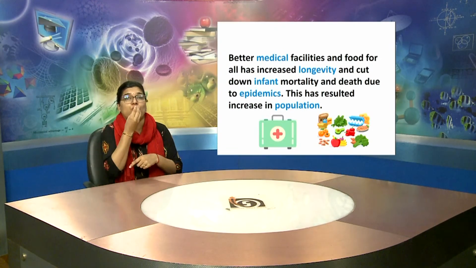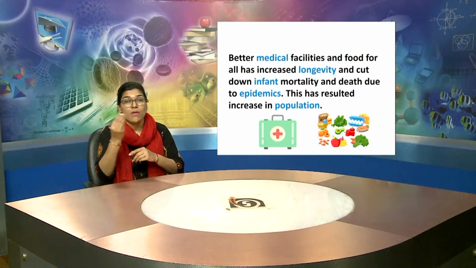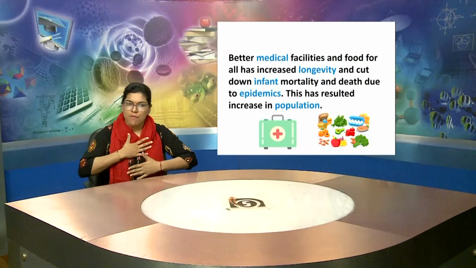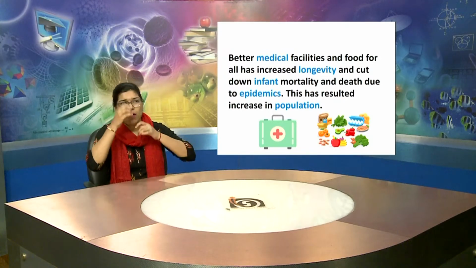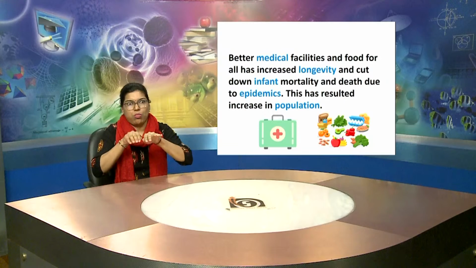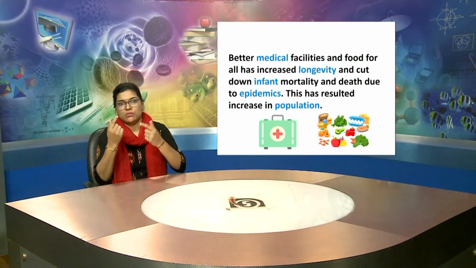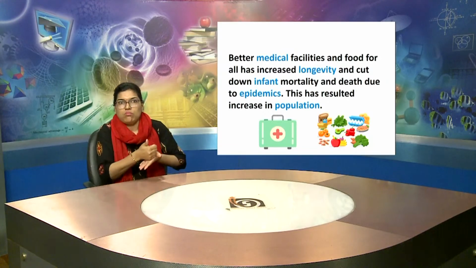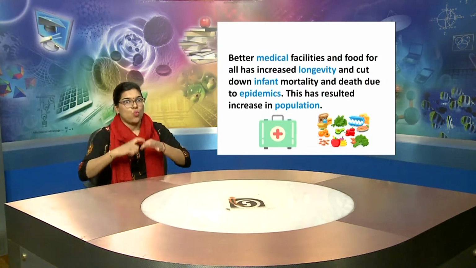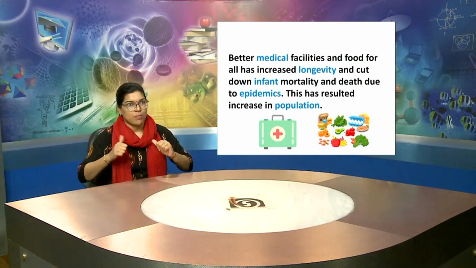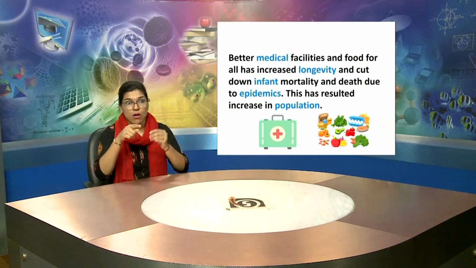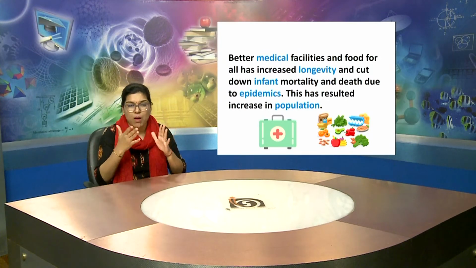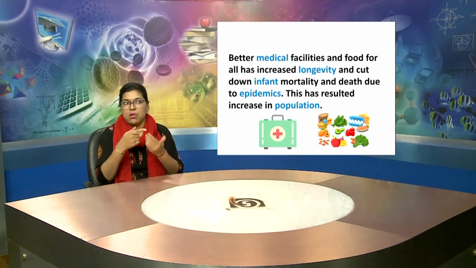Better medical facilities and food for all have increased longevity and cut down infant mortality. As we all know, due to COVID there were many deaths, but because of improvement in the medical area, the death rate has decreased.